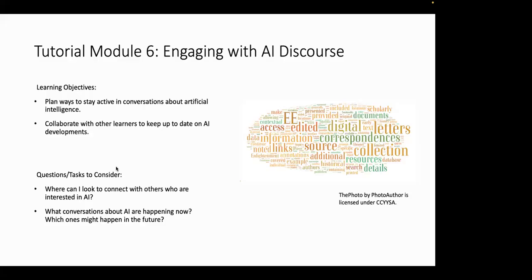So even though AI does not fall under the same umbrella the way we may look at a scholarly creation, discourse in this instance and engaging in it is still very important for students to understand.